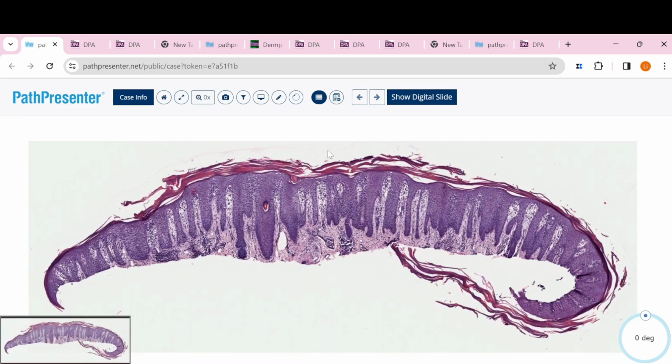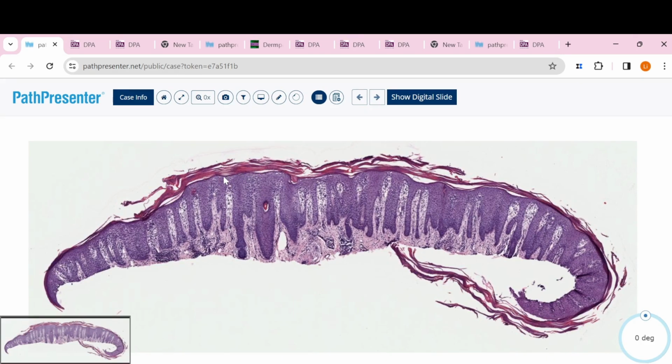So to make the diagnosis of psoriasis, you need several features. First, this is a conventional, regular psoriasis. So we can see this confluent parakeratosis. That means most of the lesion, we can see this parakeratosis here. Then under this parakeratosis, you can see the granular cell layer diminish.